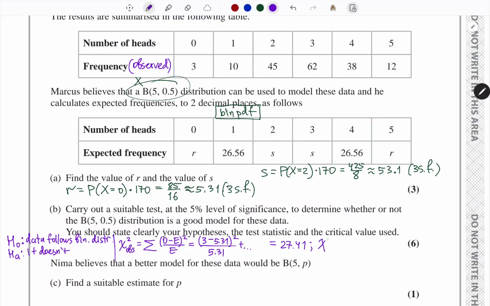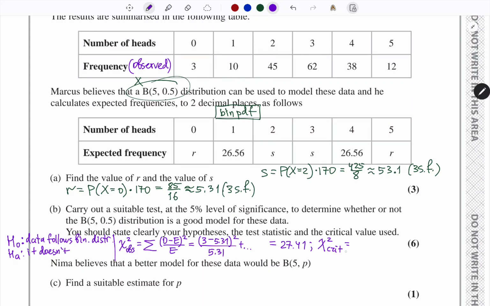And then chi-squared critical. Oh my God. In the beginning of the video, I said that there is no need for statistical tables, but it was a mistake.